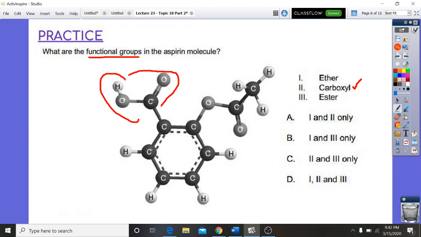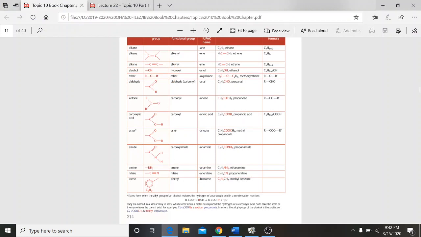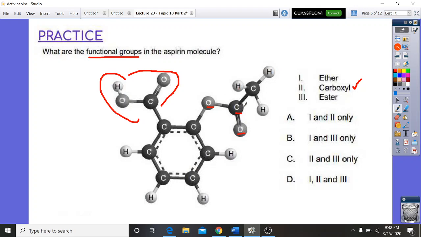Here we have another C, double bonded to an O and single bonded to an O. But then the single bonded O is not bonded to an H, it's bonded to something else. So we can either go to our ether, right, or our ester. Which one do you think it is?